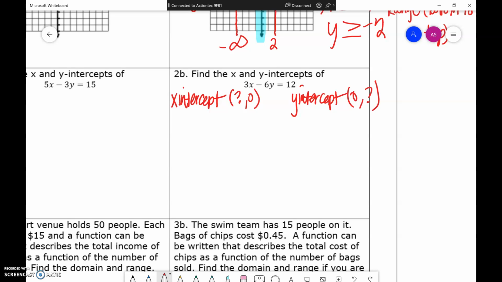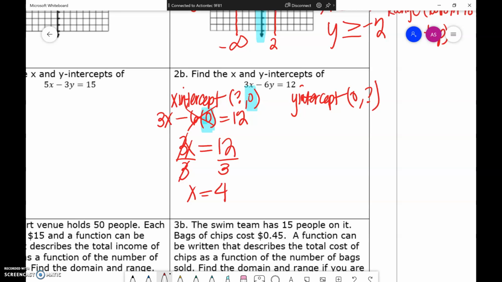So when I write out my equation, I'm going to have 3x minus 6 times 0 equal 12. And as you see, I just substituted that in. So 0 times anything is 0, so that's going to cancel out from the beginning. Then I have 3x equal 12. Then I'm going to divide by 3. And I have x equals 4.